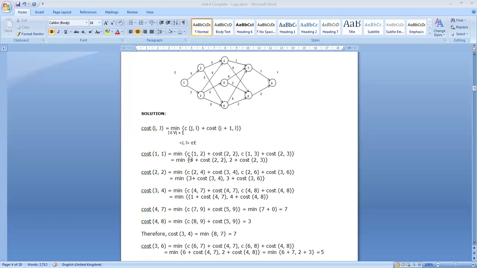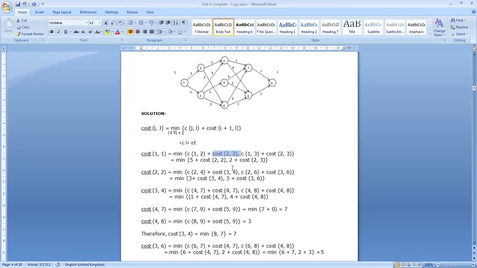So the weight between vertex 1 and 2, C(1, 2), plus the minimum cost value from vertex 2, that is cost of (2, 2), meaning vertex 2 in stage 2. You have to find this.